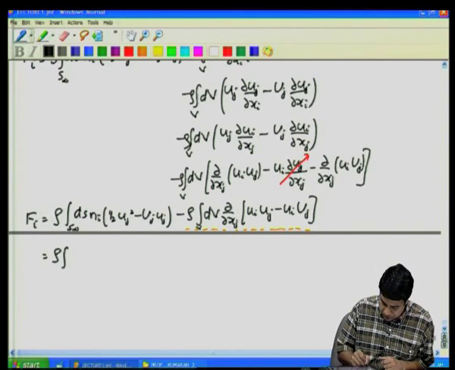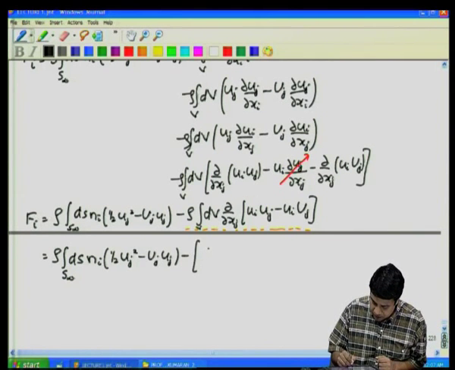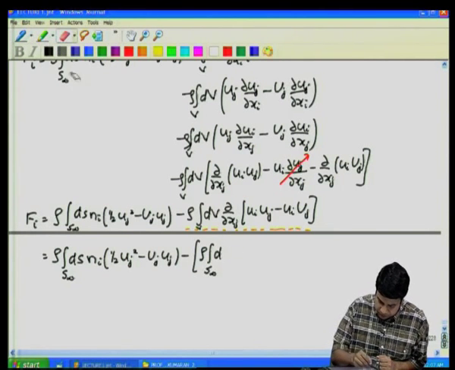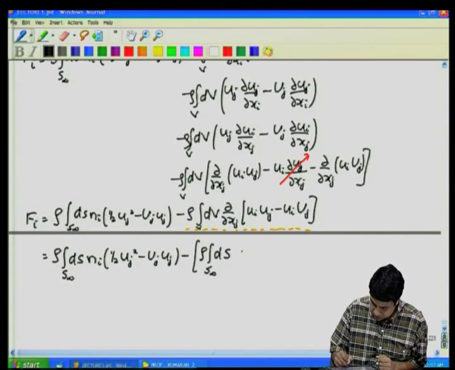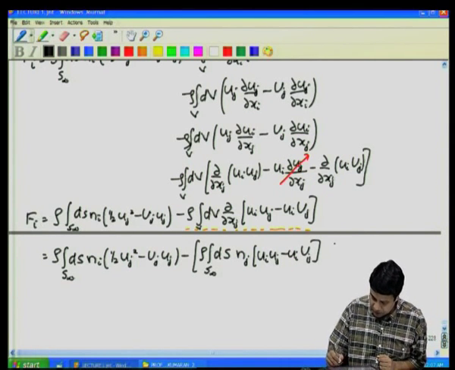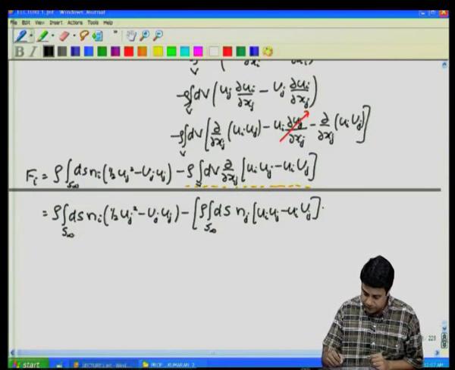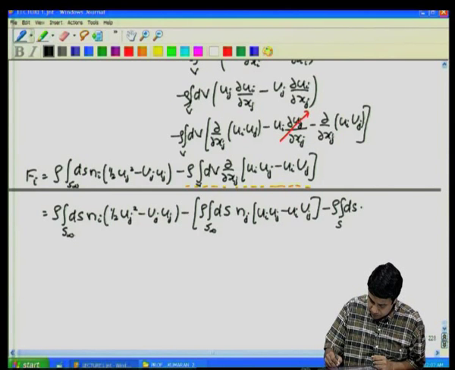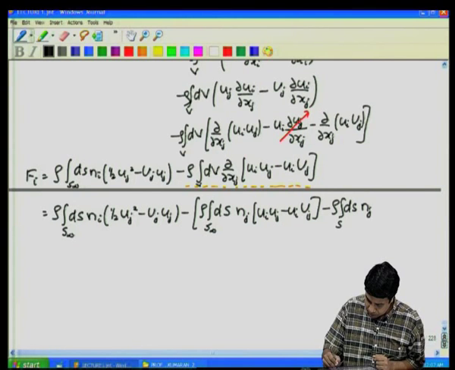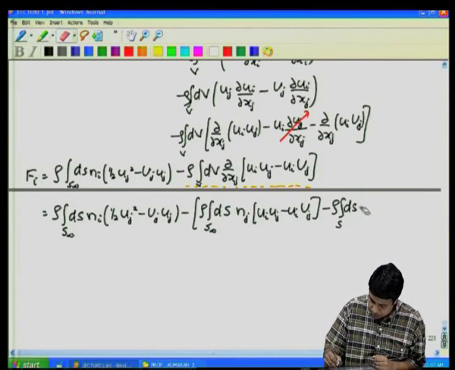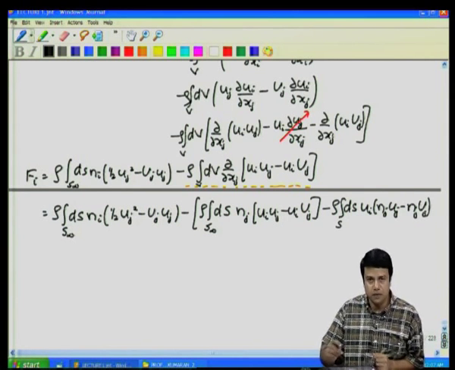So, this is equal to rho integral over the surface at infinity minus, now this is an integral over S infinity dS nj, minus the integral over the surface of the object.